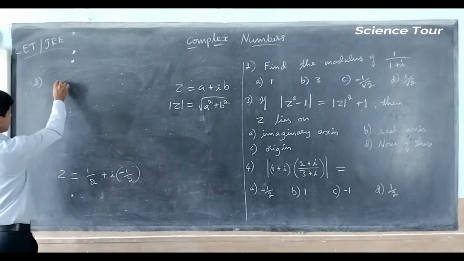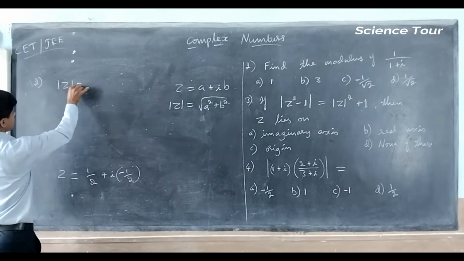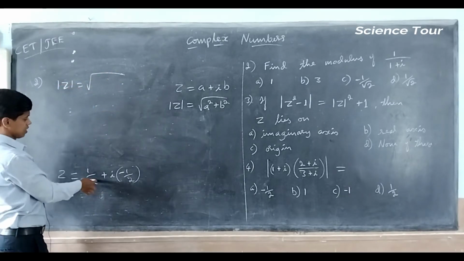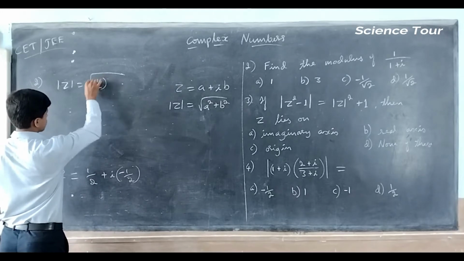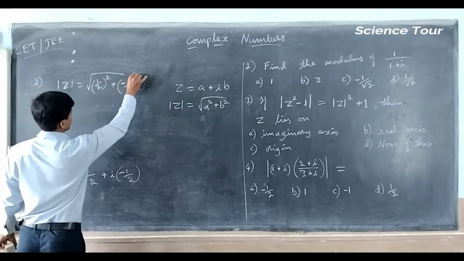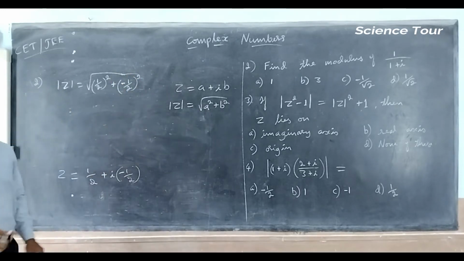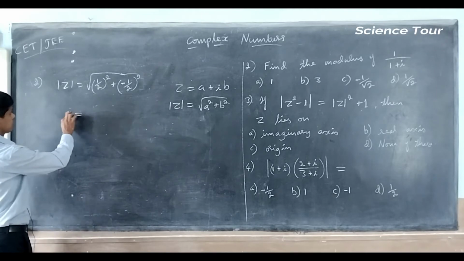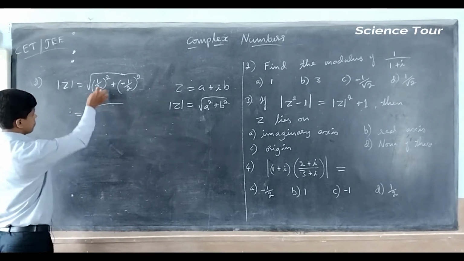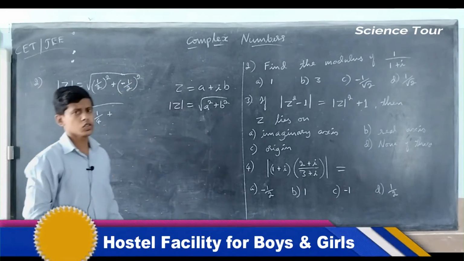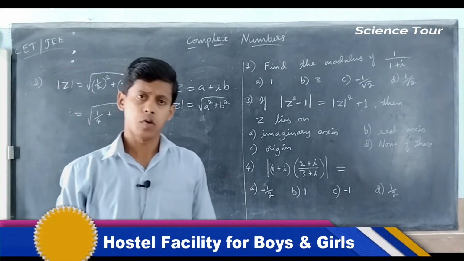The modulus of this is the square root of a square plus b square. What is a square? Half square, and then minus half square. So what have you got here? 1 by 4, and negative when you square it gives positive, correct?